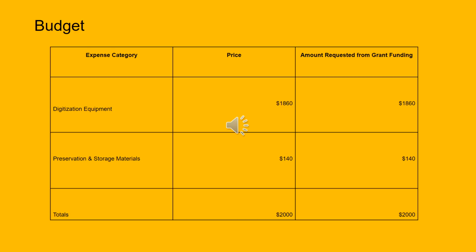The preservation and storage materials will come to $140, and we're asking $140, so the total is $2,000. We won't hire extra personnel or use overtime, so staffing won't be part of the budget.